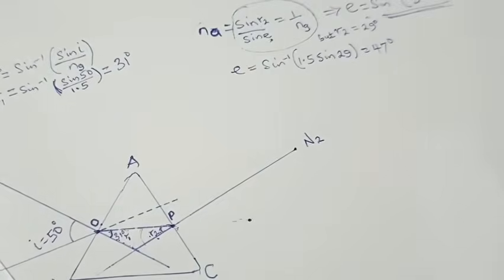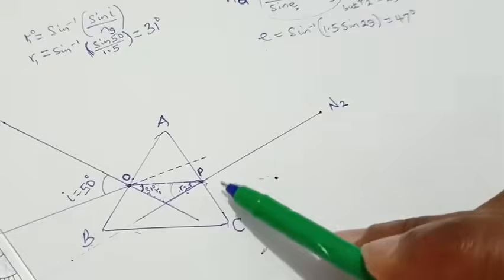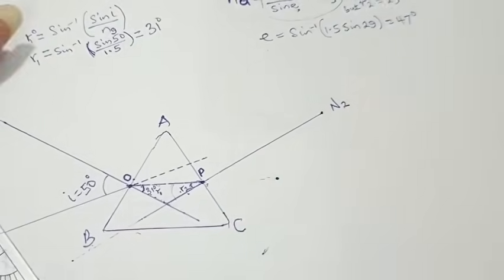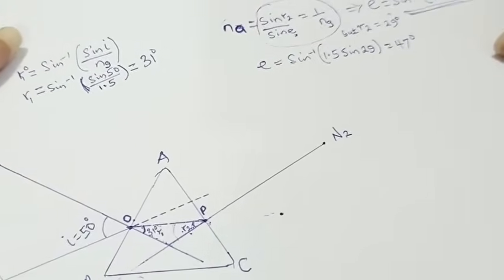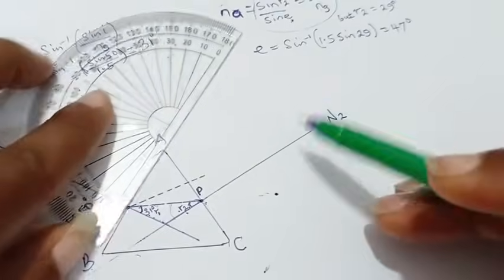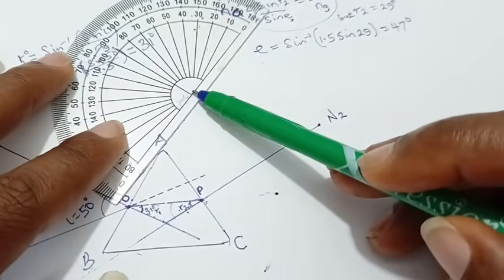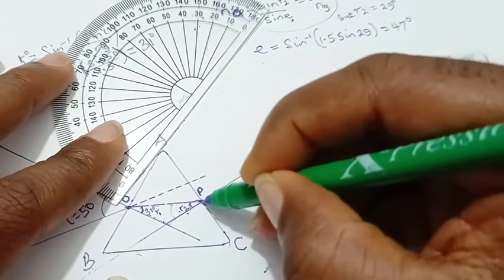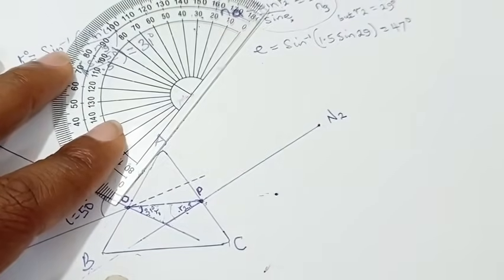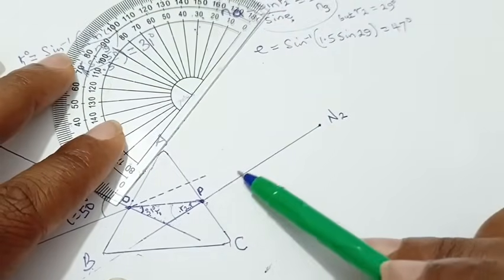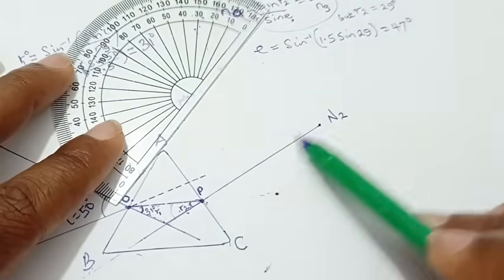It means that the emergent angle here is going to come out at 47 degrees away from the normal. So I'm going to bring my protractor. Once again, the middle point of the protractor will be placed at this point where the angle of emergence is formed, at this point of emergence. Then the 0 to 180 degrees line can be placed on this normal.